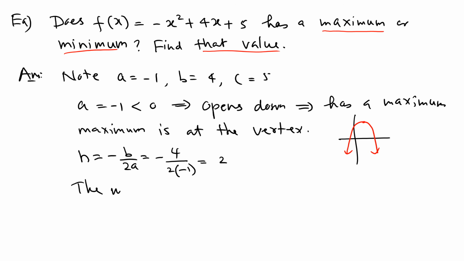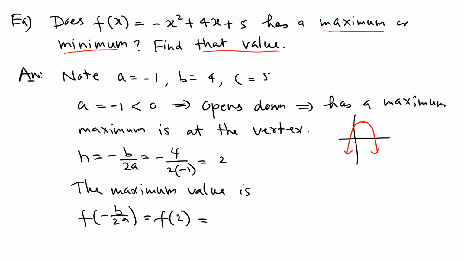So the maximum value is simply f of negative b over 2a, which is f(2). If you plug 2 into the function, you get negative 2 squared plus 4 times 2 plus 5, and you end up getting 9. So 9 is the maximum value.